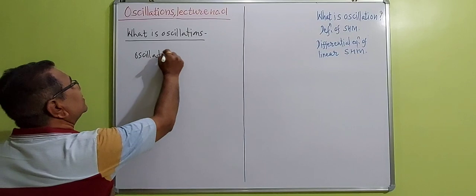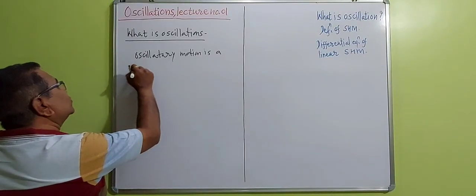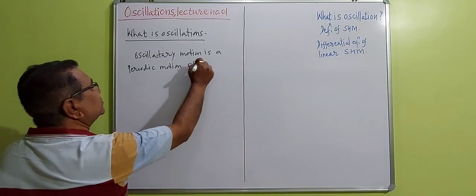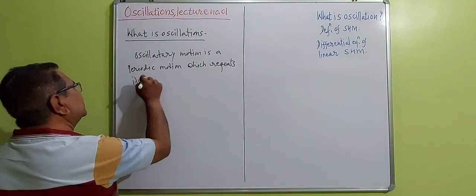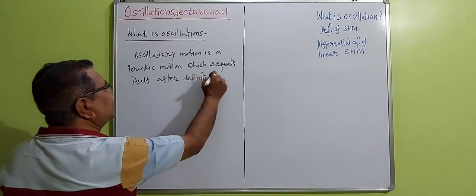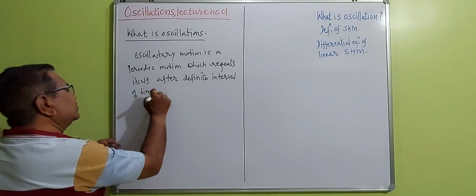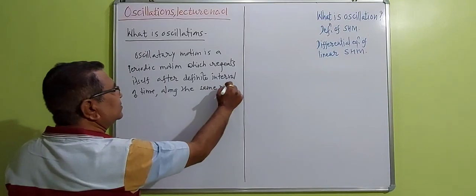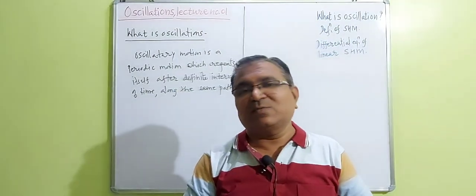Oscillatory motion is a periodic motion which repeats itself after a definite interval of time along the same path. We call it oscillatory motion.